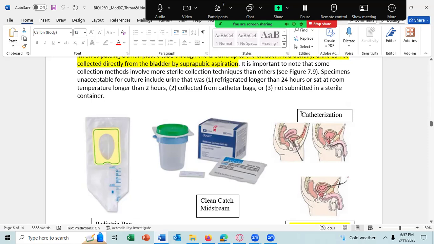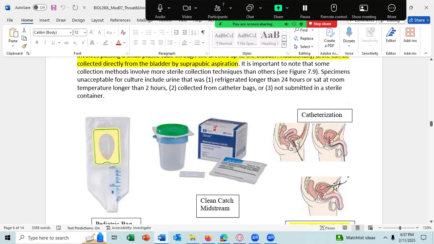An even better way is to do the suprapubic aspiration, where you stick a needle through the patient's abdomen and then through the bladder, and then sample the urine directly from the bladder. Obviously, you sterilize the abdomen first with an alcohol swab, and then you're unlikely to get bacterial contamination of the urine in the bladder.